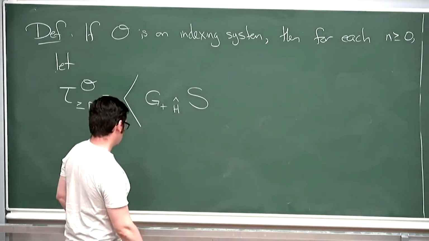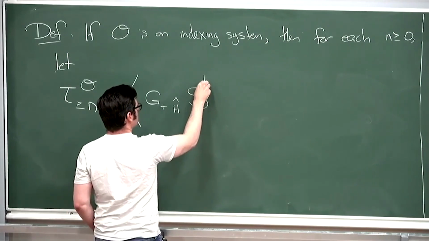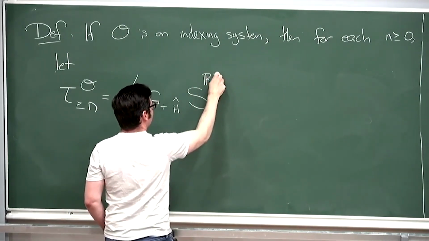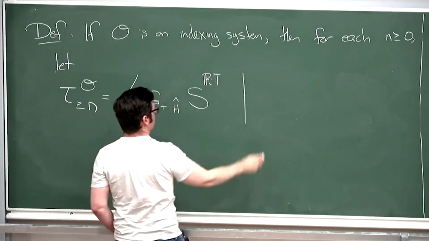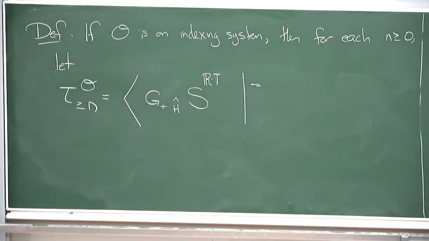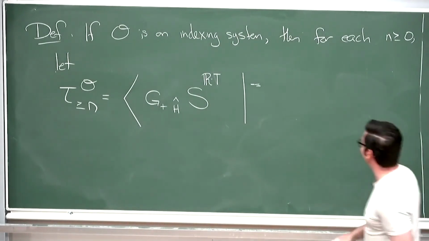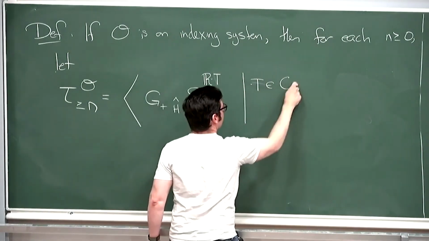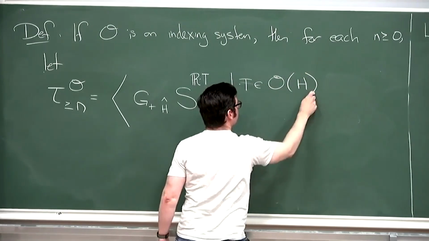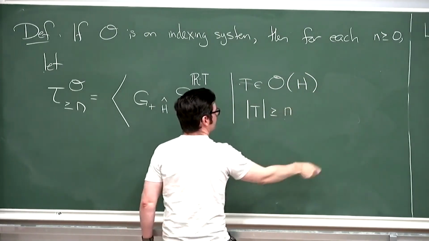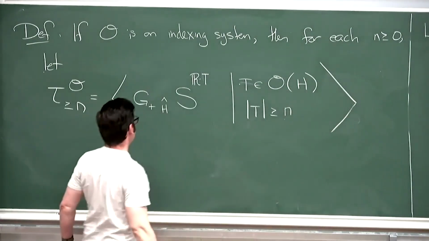It's the representation sphere associated to a permutation representation on T, where T is an admissible H-set, so T is in O of H, and the cardinality of T is at least n.